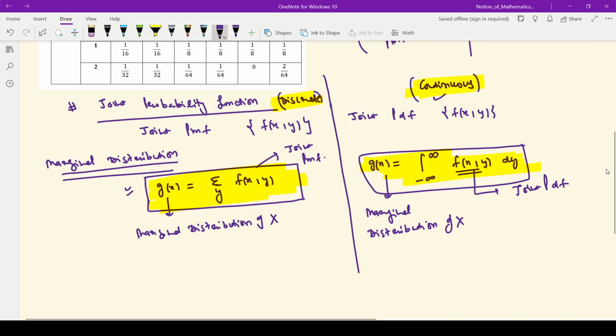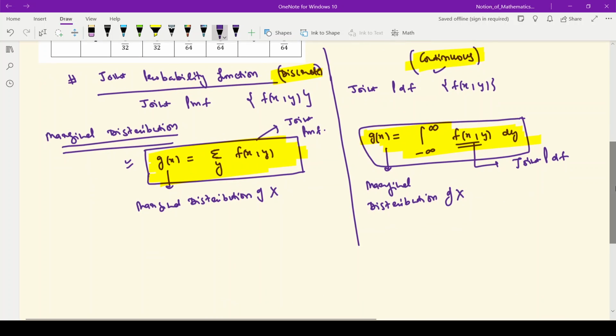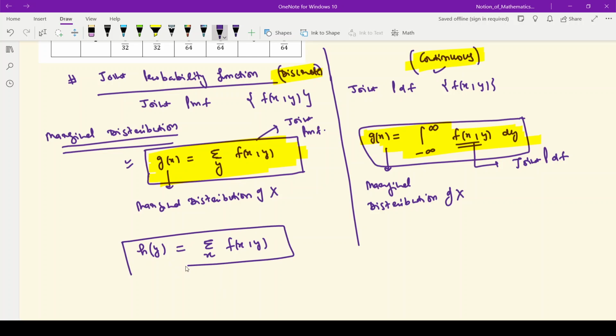Thereafter I will be discussing h of y. H of y is the marginal distribution of random variable y. It is summation over x of f of x y, where this h of y is denoted as the marginal distribution of y. Capital Y means here the random variable, and this f of x y is the joint PMF.